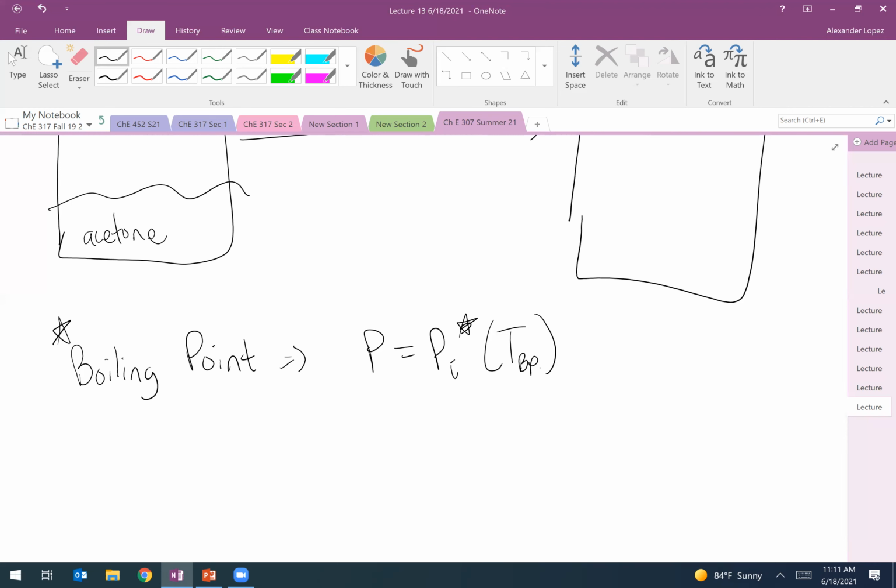Right? Because think about it the other way. If I had a superheated vapor and I started cooling it, eventually I would get to the dew point where condensation happens. Condensation happens at the same point, when I reach saturation, which is when those match.